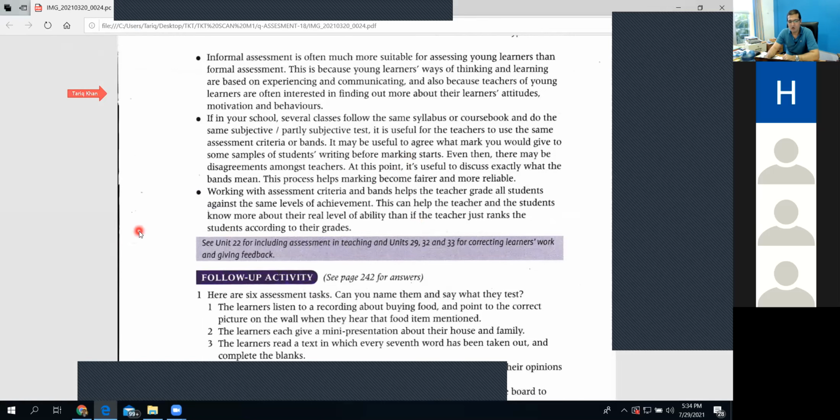Informal assessment is often much more suitable for assessing young learners than formal assessment. It's because we do not want the small children to get into the test process. So in a lot of countries like Japan, Singapore, these Scandinavian countries, they don't do the assessment of the small ones, and in the primary, the tests they have totally removed.